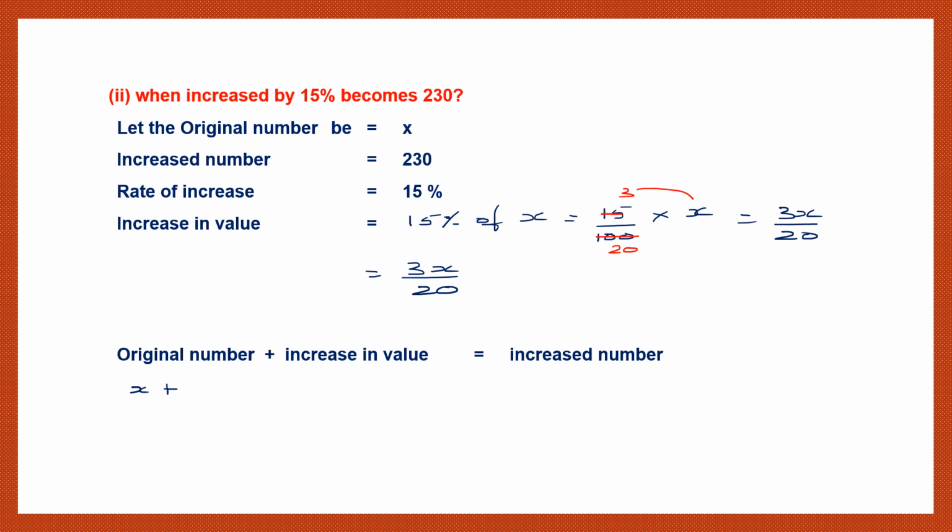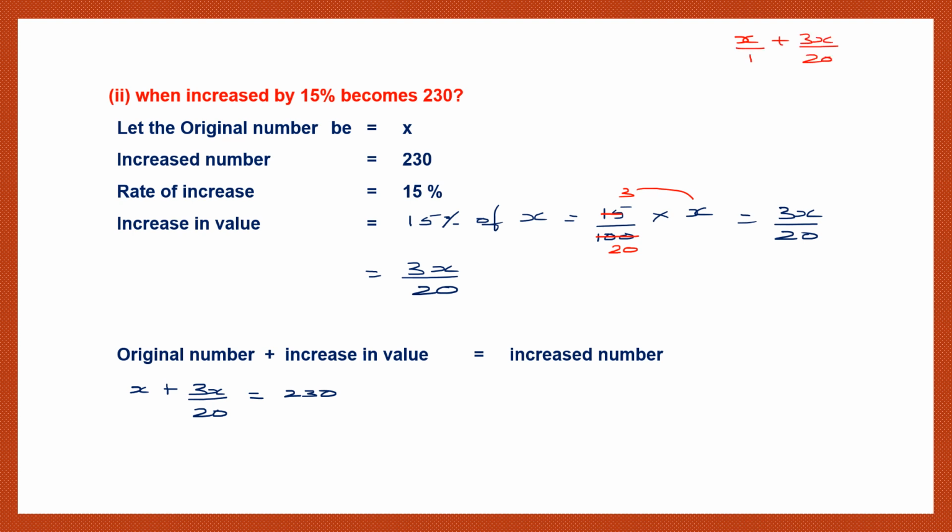So let's write that 3x by 20, and that is equal to the increased number which is given to us. Increased number is 230. So let's write that 230. So now we have to work out x plus 3x by 20.